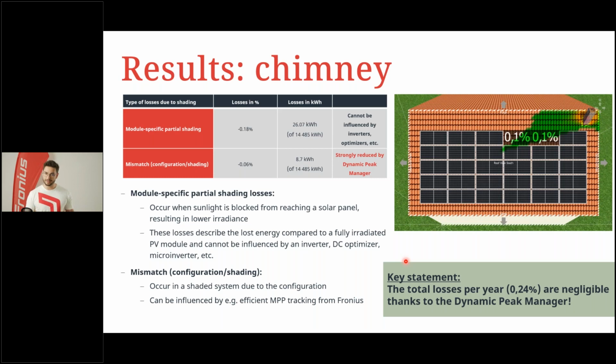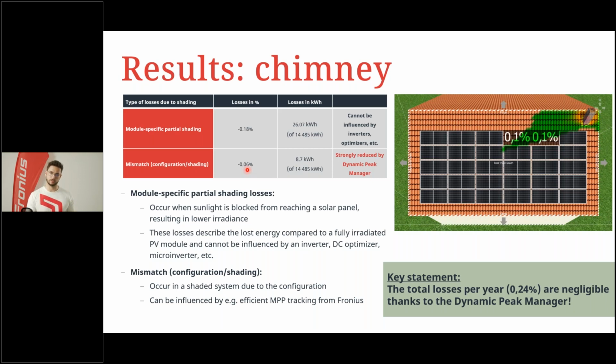Now, they can be optimized, for example, with the Dynamic Peak Manager of Fronius. And therefore, they are very strongly reduced to a limit of 0.06%, which would mean 8 or let's say 9 kilowatt hours over a year.